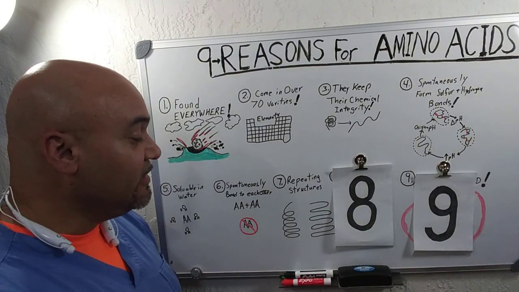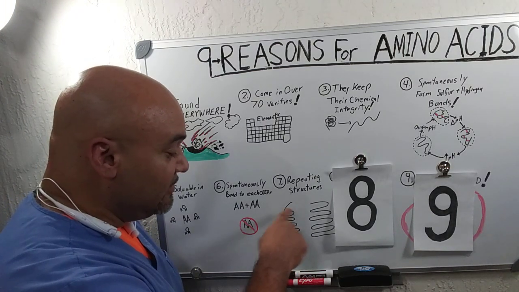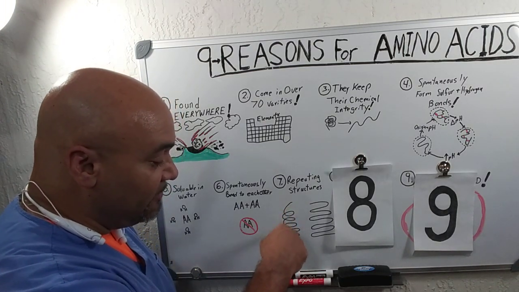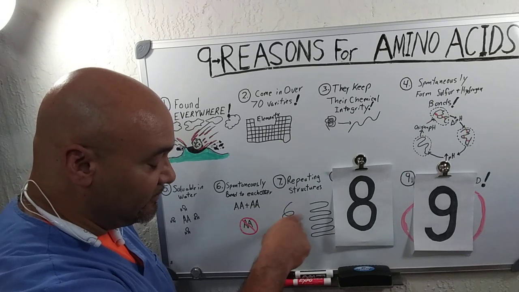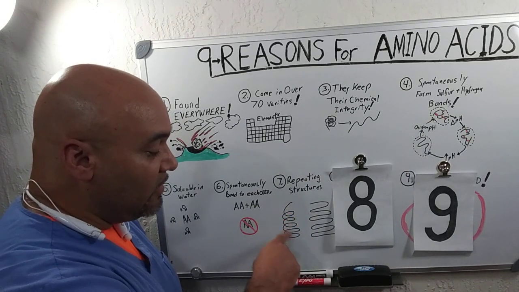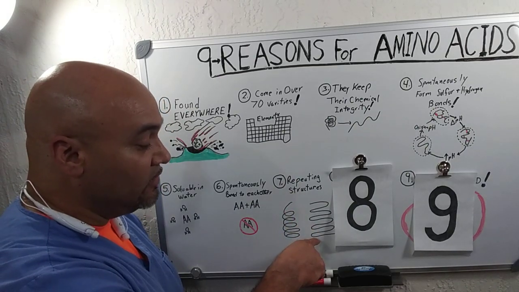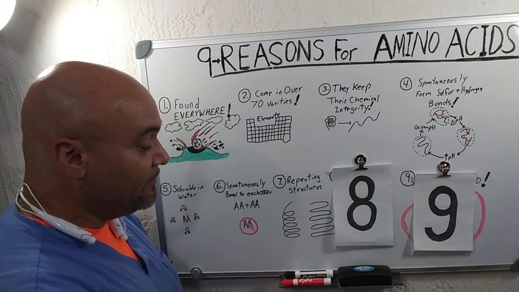And the reactive center is what we want, regardless of the composition of the amino acids, the sequence. They all are capable of forming alpha helixes or pleated sheets.